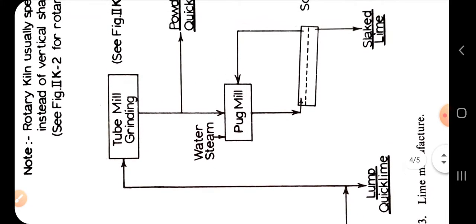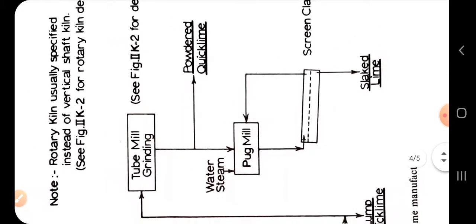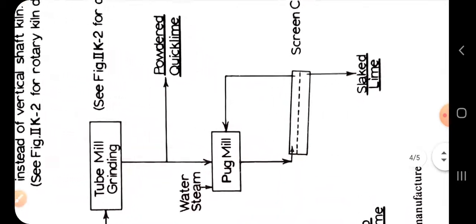But if you want a different grade, then it is sent to tube mill grinding, then into the pug mill, where powdered quicklime is obtained after tube mill grinding. And even then, if that is our requirement, powdered quicklime is obtained.